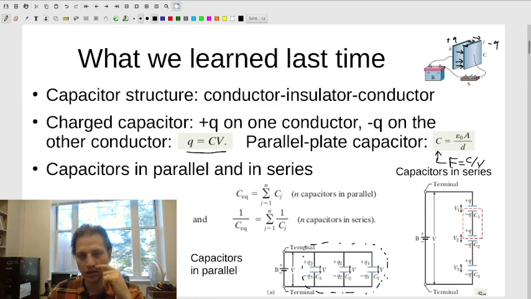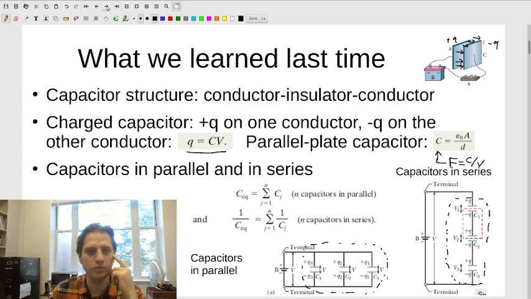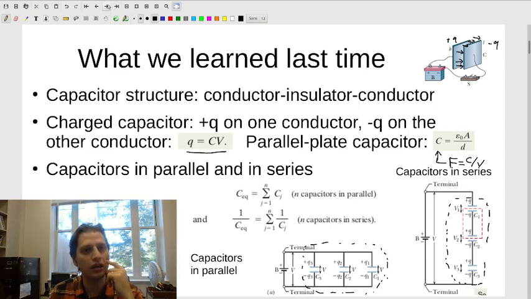So this would be capacitors in parallel, and we had a formula for how to find the equivalent capacitance if you were going to treat that whole thing as one capacitor. And likewise for this: what would happen if you're going to treat that whole thing of these capacitors in series as one capacitor? So we're going to come back and review that in just a little bit.